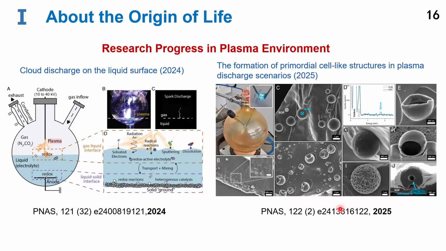What's remarkable is that these structures not only form spontaneously, but also show membrane-like boundaries, a possible analogue to protocells. This suggests that plasma discharge could not only synthesize organic molecules, but also drive self-organization into primitive cell-like structures.